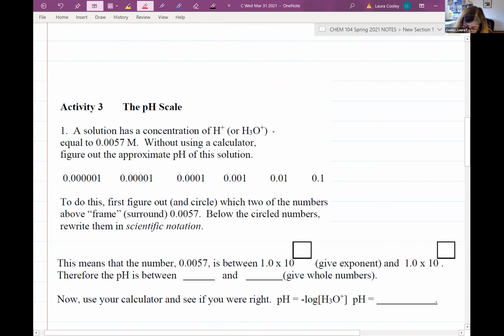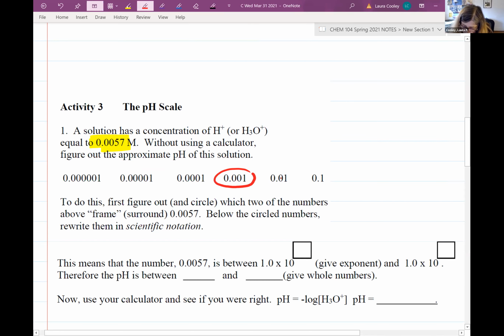Suppose you know that the H3O plus concentration is 0.0057. You can ask yourself, can I put brackets around this? Can I say that this is between 2 different powers of 10? Which of these 2 numbers is 0.0057 in between?